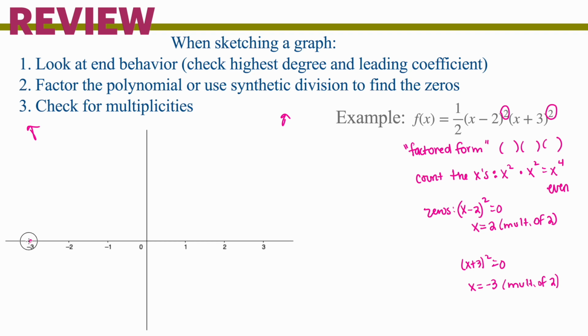So at -3, it crosses, and at 2, it crosses. Because this is a positive x to the 4th, we know it's going to start from up here. We know it's going to bounce at -3 because the multiplicity is going to go up and turn back, and it's going to bounce again at 2 and then head to infinity.